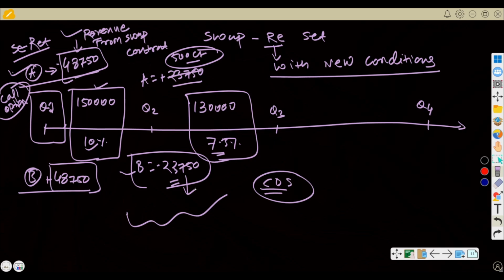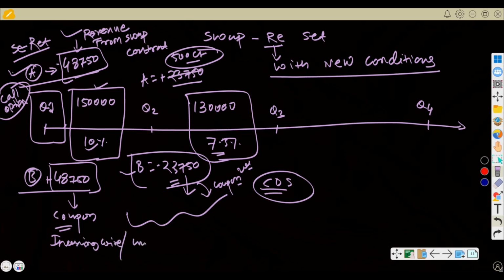But this difference we usually call a coupon. Coupon 1, coupon 2. And sometimes the same coupon is treated as incoming wire also in fund accounting.